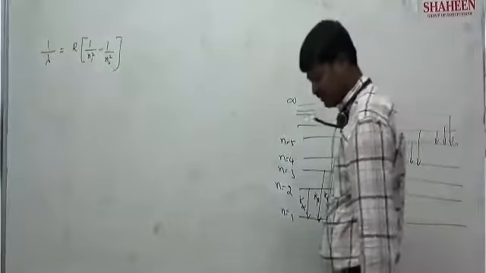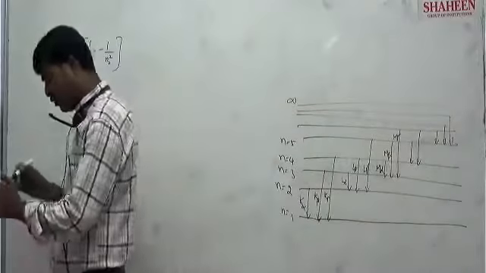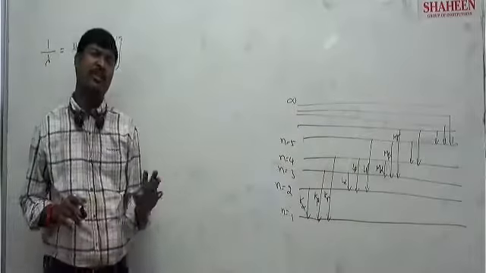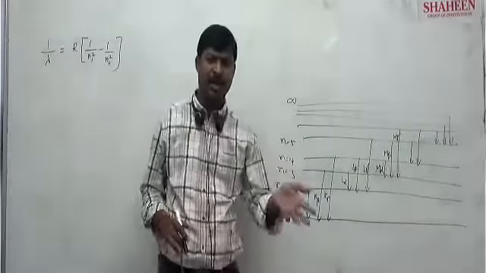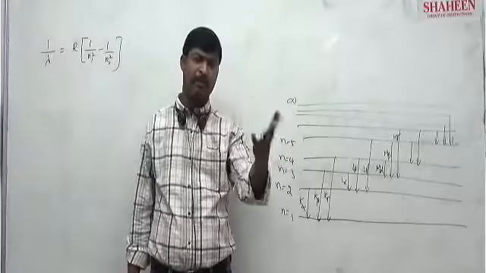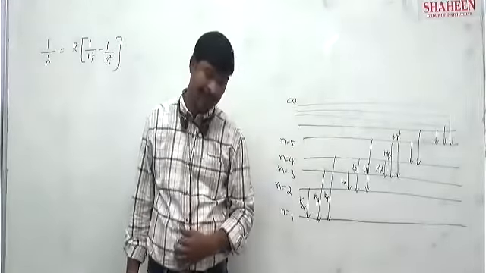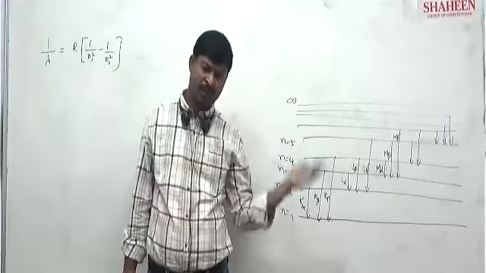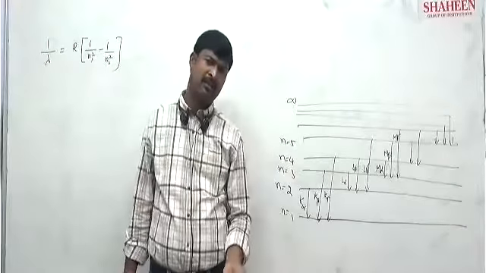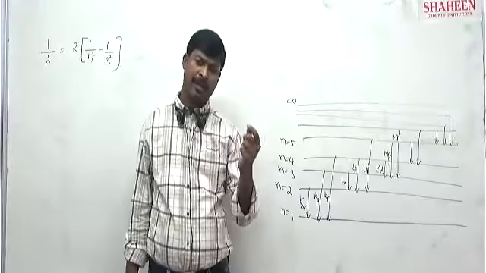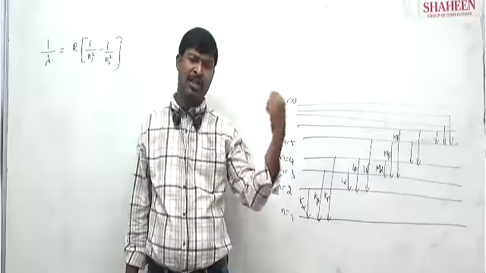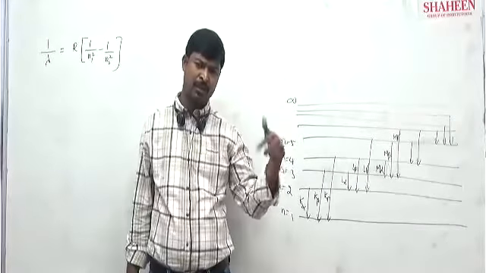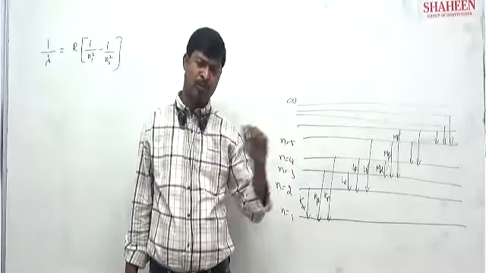So don't get confused if the question is given in terms of alpha, beta, gamma, or K alpha, K beta, or M alpha, M beta, M gamma. Remember, the K shell is the first shell, so it comes to the ground state. That is the Lyman series. Higher to lower: alpha means second to 1, beta means third to 1, gamma means fourth to 1.